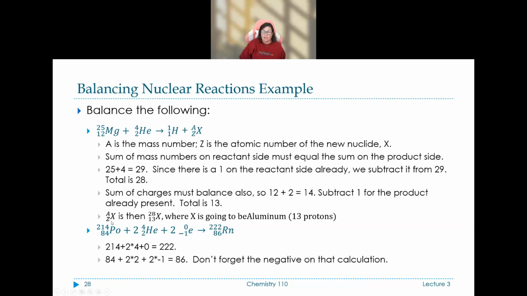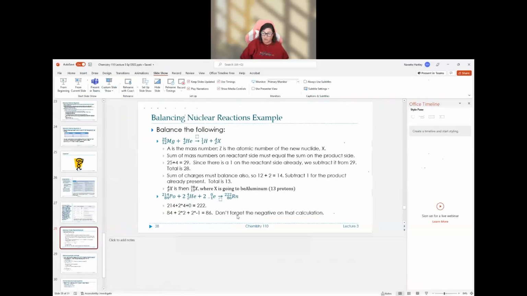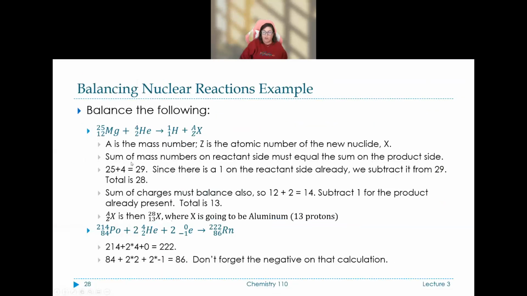So our AZX is then 28, 13 X, where X is aluminum. Aluminum has 13 protons. That's based on what we found here: 28 here, 13 here. If this is 13, then that has to be aluminum.